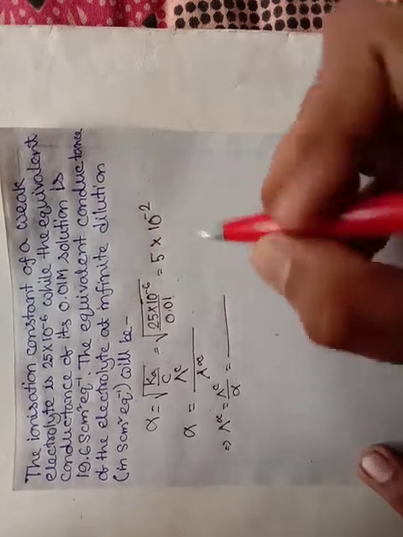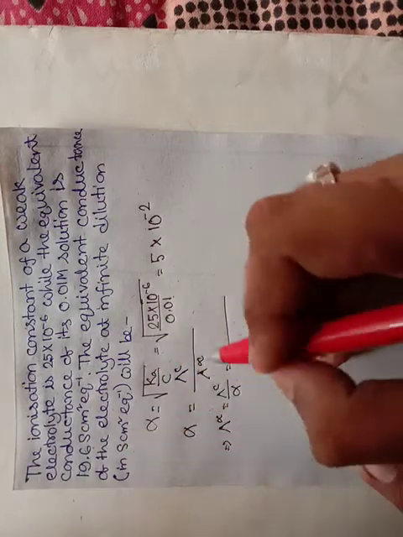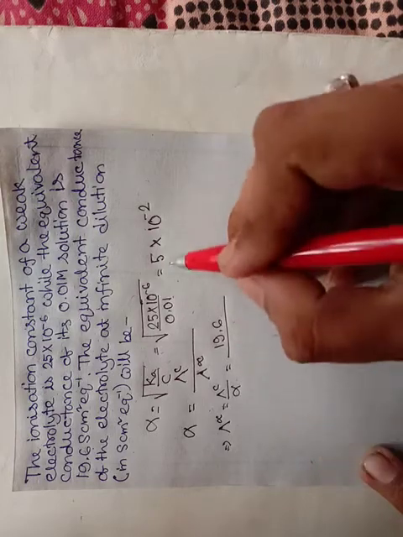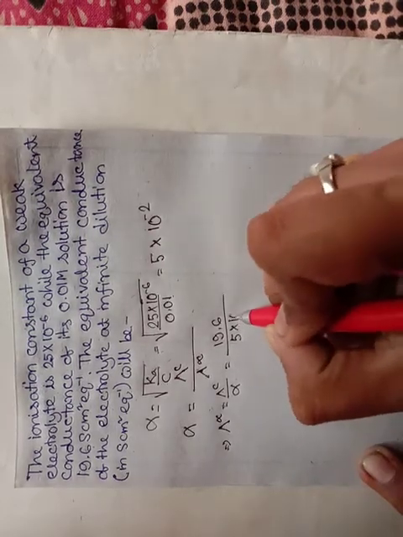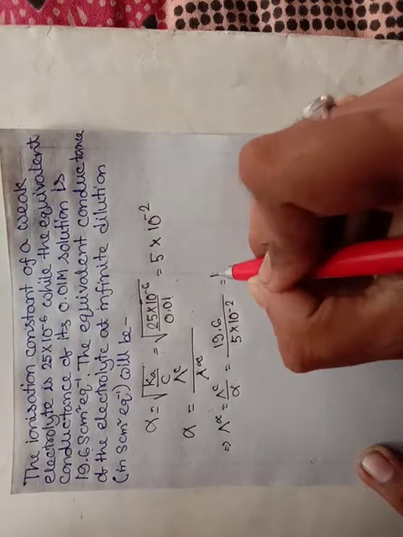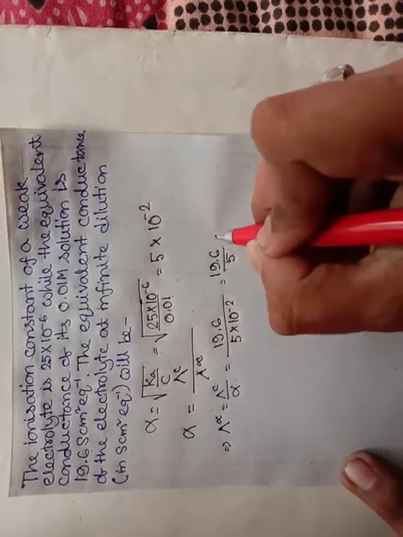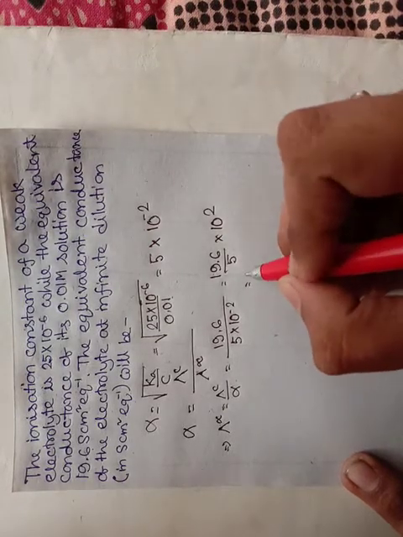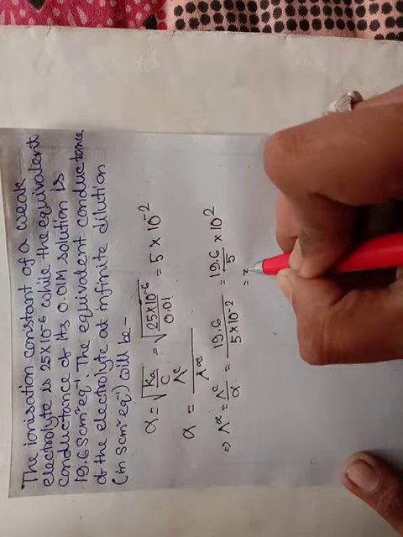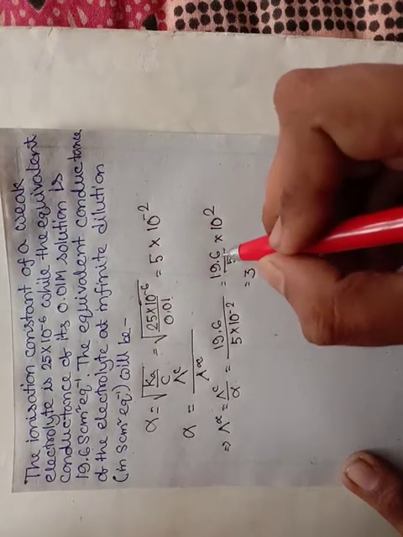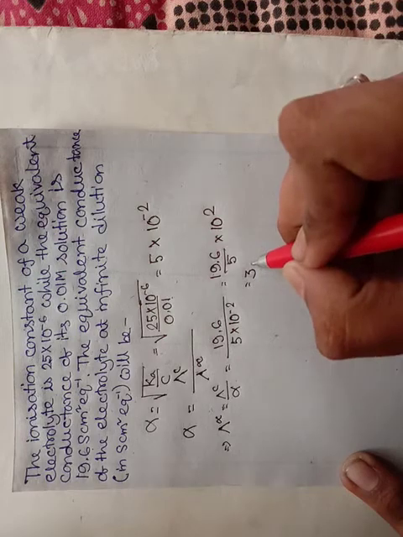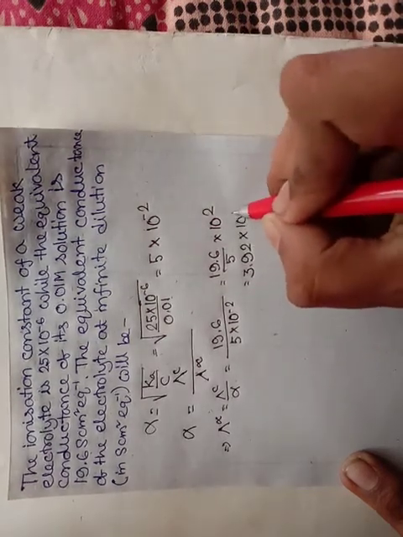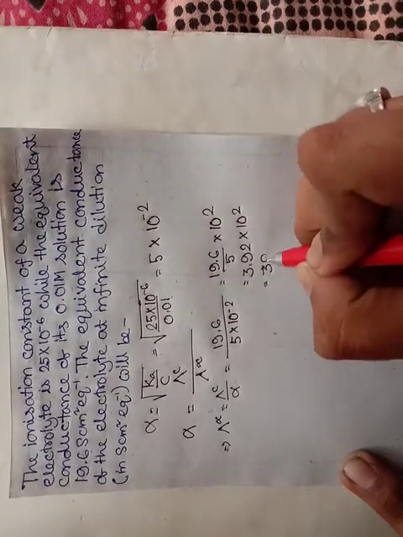The value of lambda C is 19.6, and alpha is 5 × 10^-2. So 19.6 by 5 is 3.92, which gives 3.92 × 10^2, that means 392.